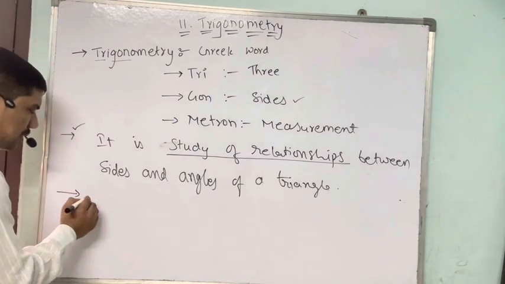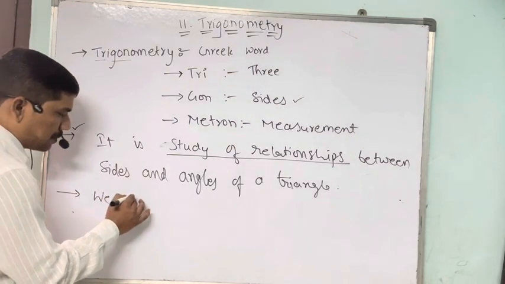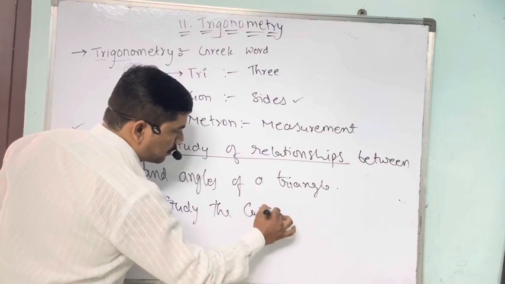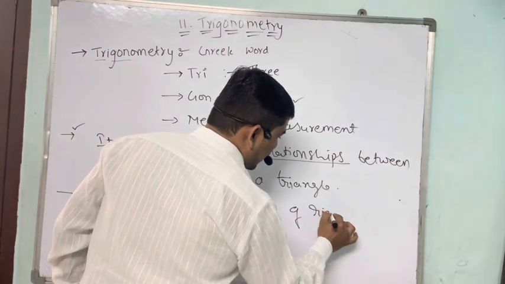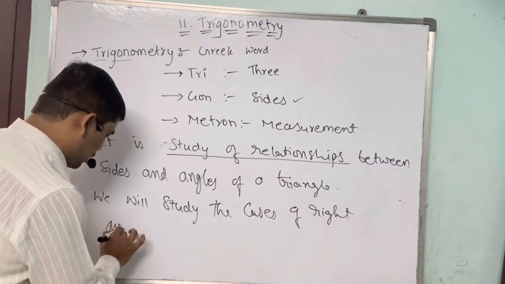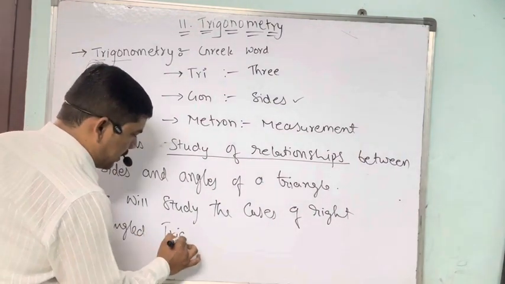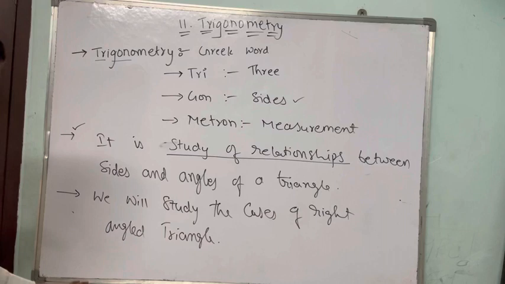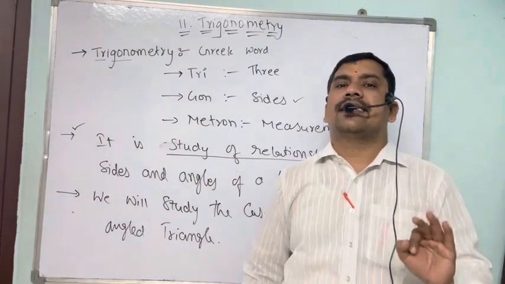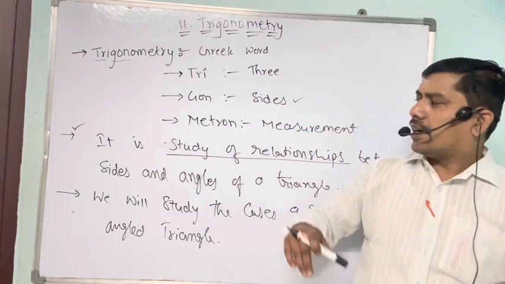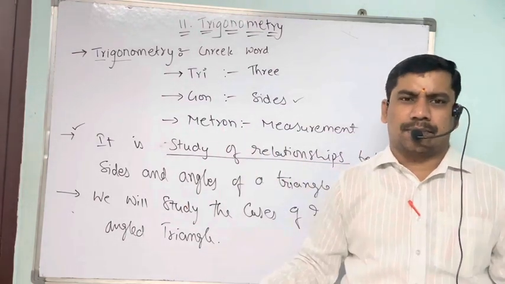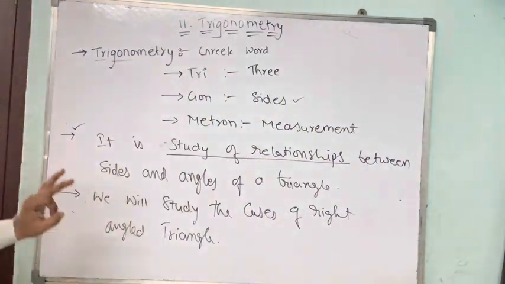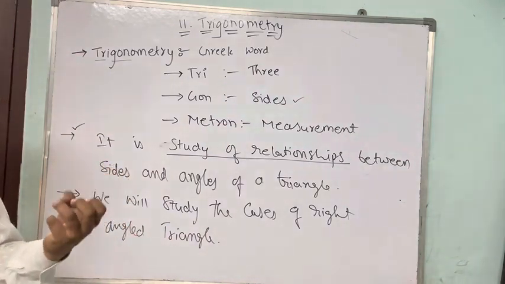So, in this chapter, we will study the cases of right angled triangle. Okay students, so in this chapter, we are going to study right angle triangle cases. Yes, there is a vast triangle concept, but our chapter is limited to the right angle triangle. Right, and now we'll come to know what is meant by a right angle triangle.